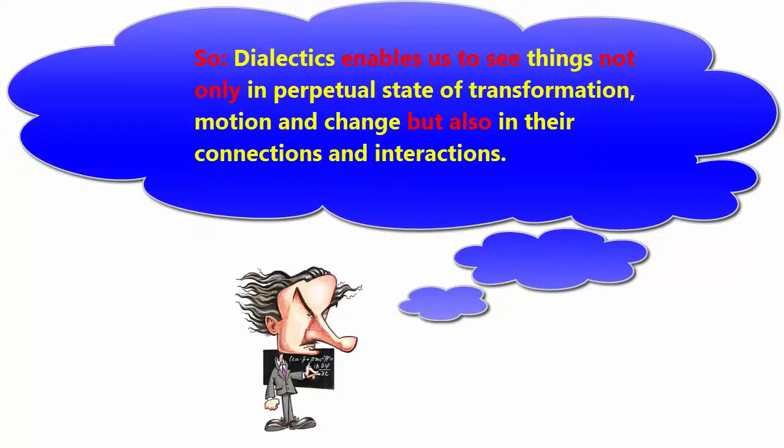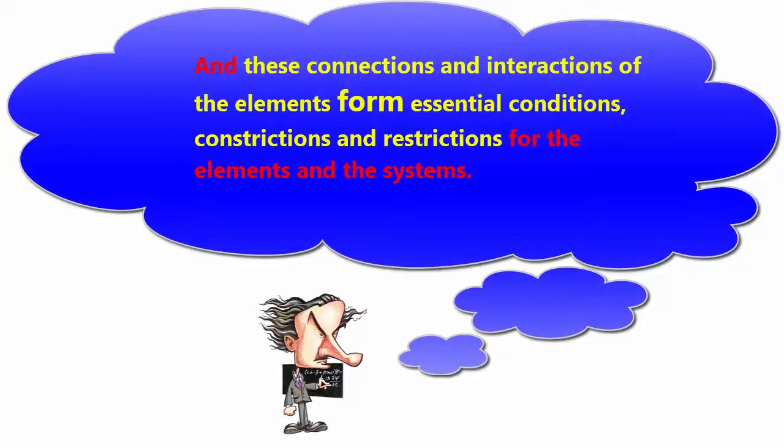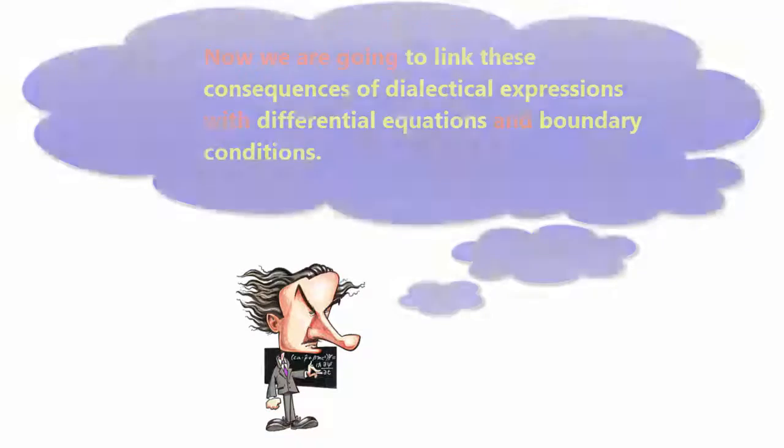So, dialectics enables us to see things not only in a perpetual state of transformation, motion and change, but also in their connections and interactions. And these connections and interactions of the elements form essential conditions, constrictions and restrictions for the elements and the systems.